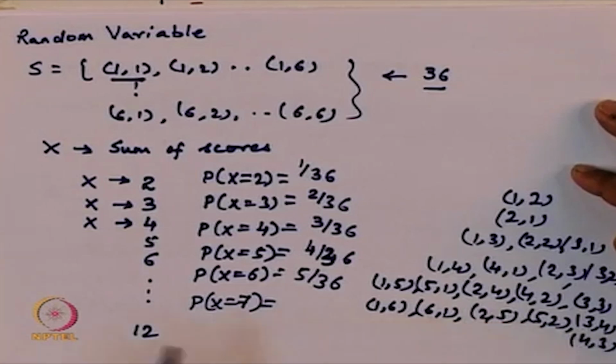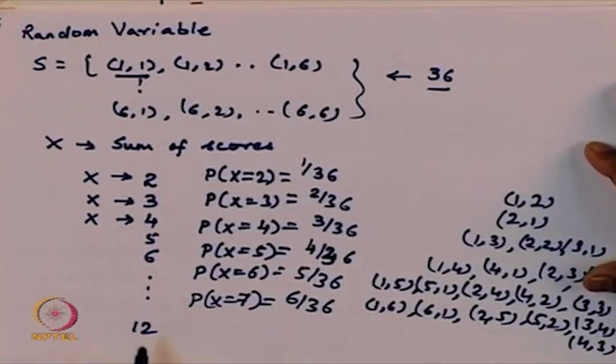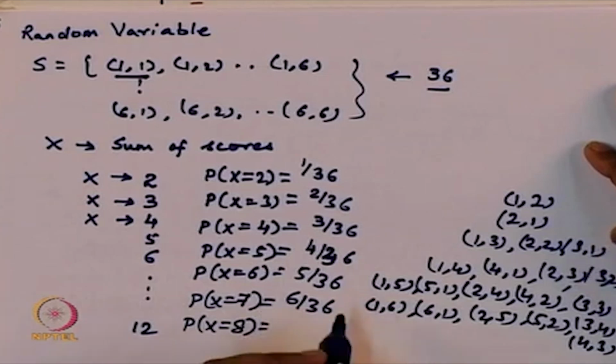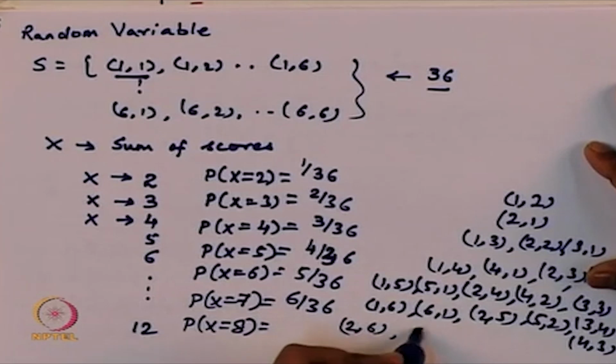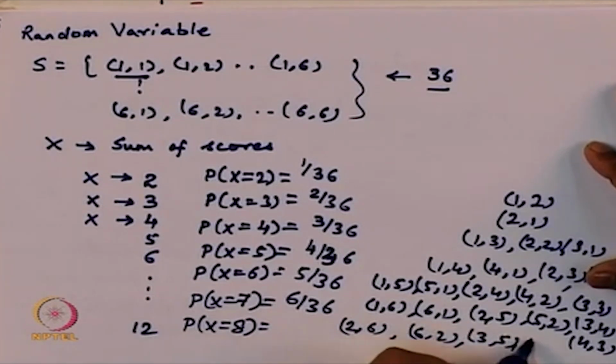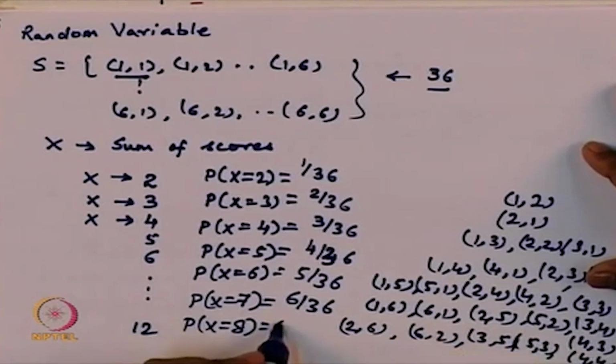I have 6 by 36. Probability of x equal to 8, I have 2 6, 6 2, 3 5, 5 3, 4 4, equal to 5 by 36.